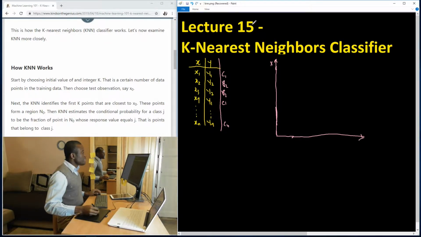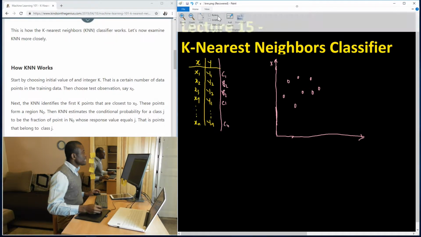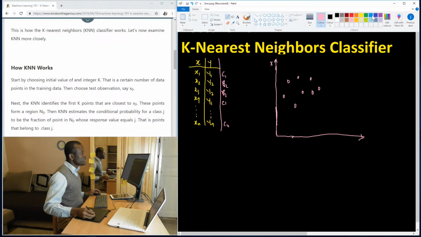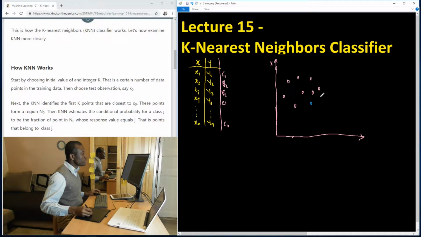So let's just assume, we plot this, we plot this. Let's say we plot them all around, and we are plotting the other class in a different color. Let's say I'm using blue to plot the second class. So we have a pink class and we have a blue class.